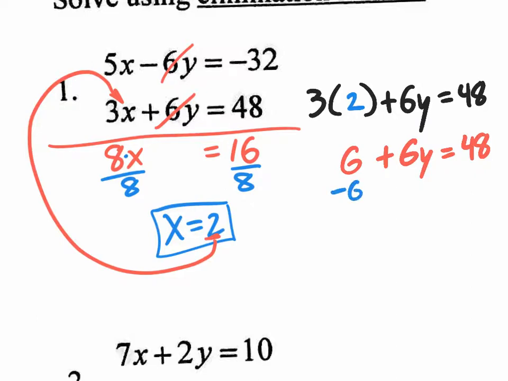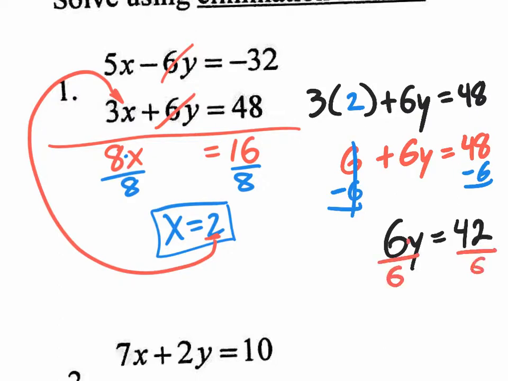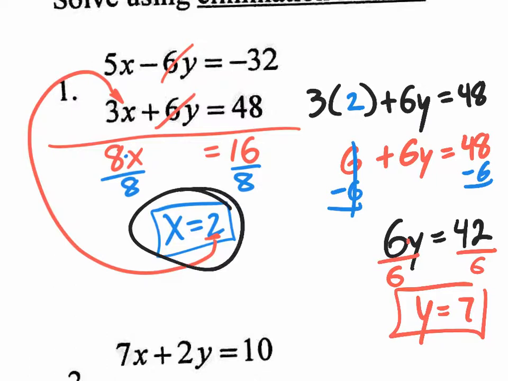Subtract the 6. Subtract the 6. Cancels. We have a new equation that reads 6y equals 42. Divide by 6. Divide by 6. Y equals 7. We have one answer, x equals 2. We have the other answer, y equals 7.